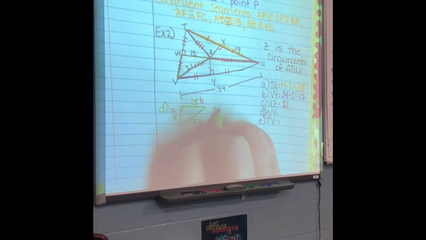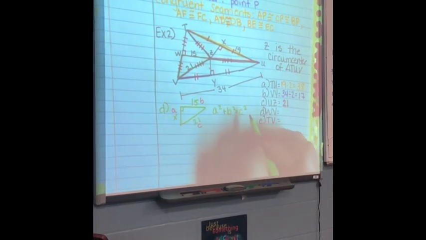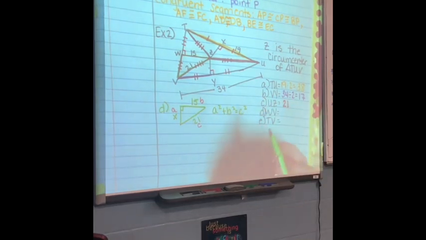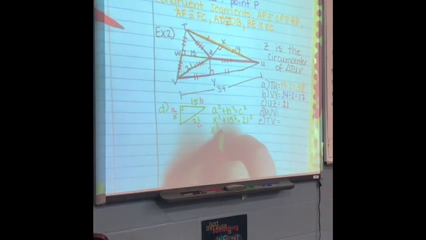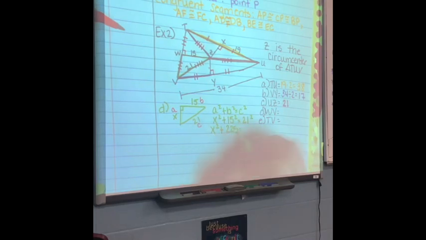So I'm using Pythagorean theorem. I have x squared plus 15 squared equal to 21 squared. So 15 squared is 225. 21 squared is 441.